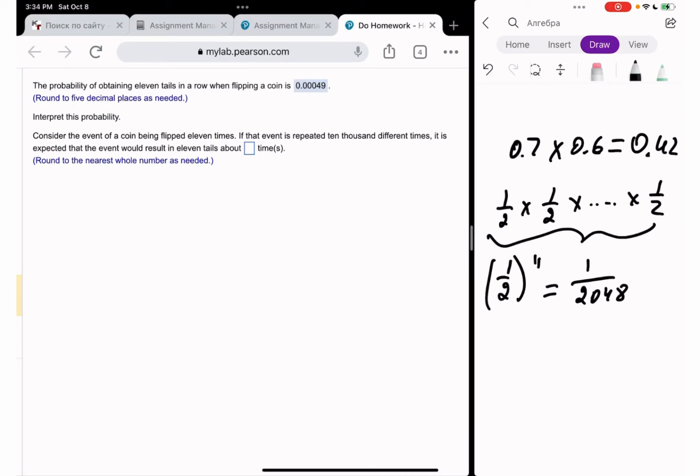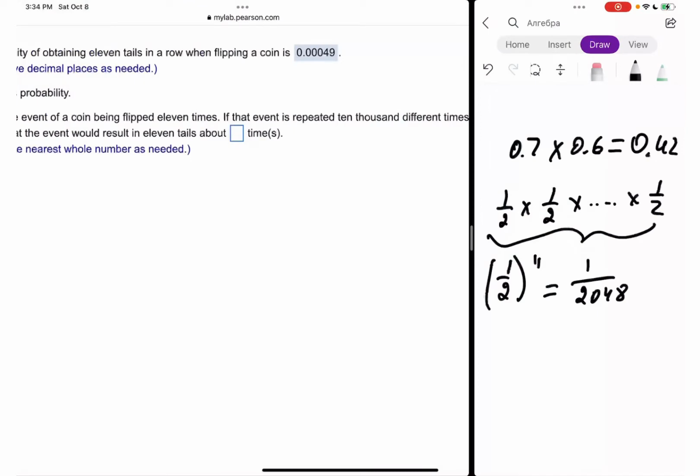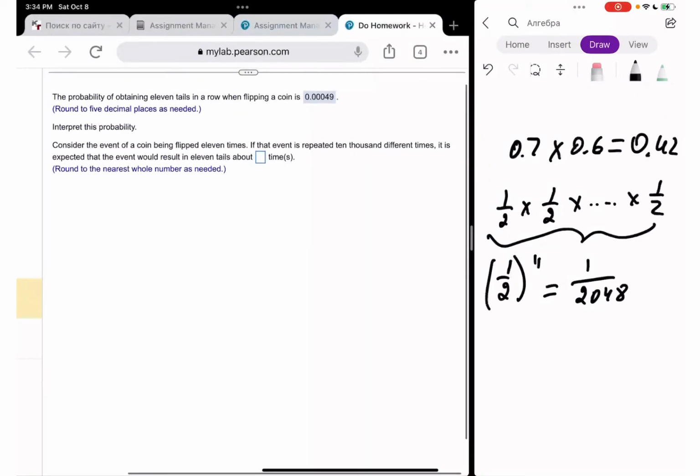Consider the event of coin being flipped 11 times. We already have 0.00049. If that event is repeated 10,000 times, well, that means 0.00049 times 10,000. So how many zeros we have? 1, 2, 3, 4.